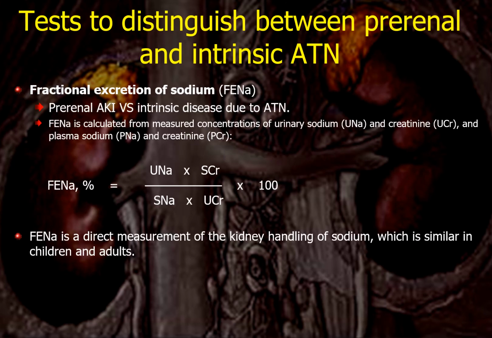Fractional excretion of sodium is a commonly used laboratory test to differentiate between prerenal AKI and intrinsic disease due to acute tubular necrosis. It is calculated from measured concentration of urinary sodium and creatinine and plasma sodium and creatinine, the formula as shown here.